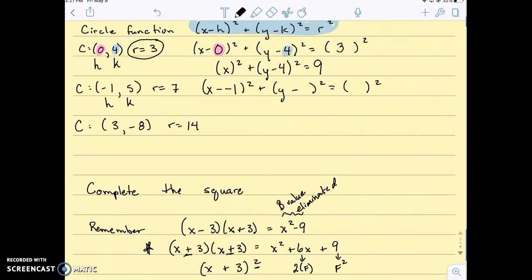I'm going to substitute 5 for my K value and 7 for R. What does a minus negative turn into? Well, that's why we do the simplification step. And here is our equation of our circle.